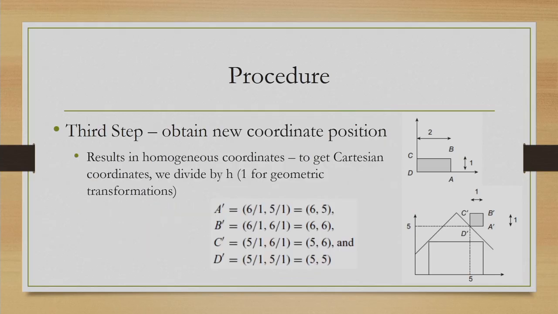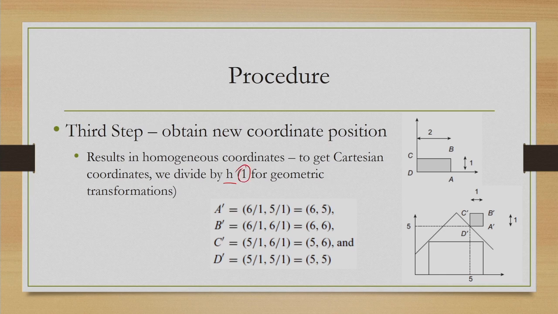Now, the last stage of course is to transform from the homogeneous representation to the actual representation. That we do by dividing the x and y values by the homogeneous factor h. Now, h in our case, where we are concerned about geometric transformation, is 1.